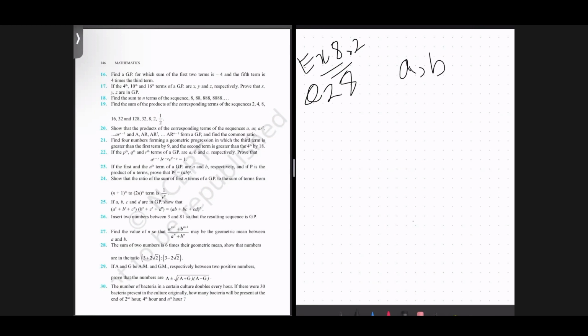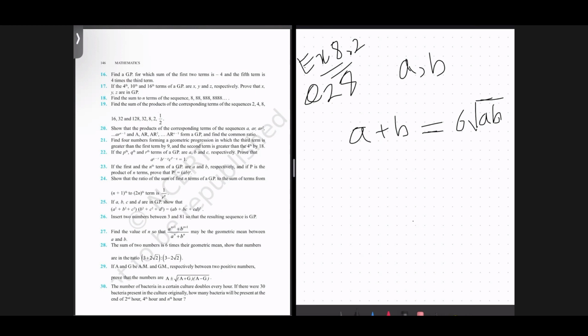We have been told that the sum of these two numbers, a plus b, is going to be equal to 6 times their geometric mean. And what is that? It's 6 times root ab.